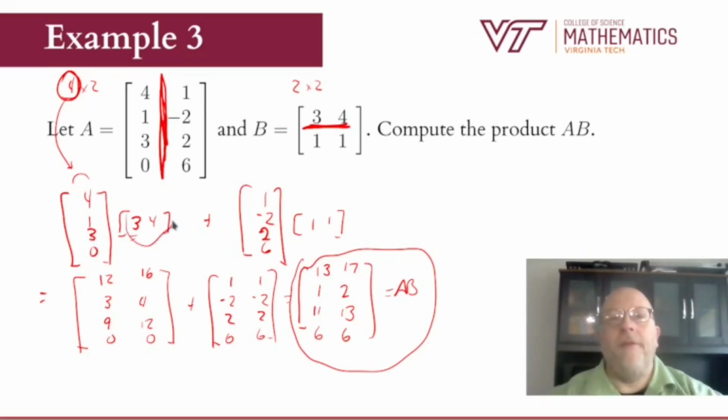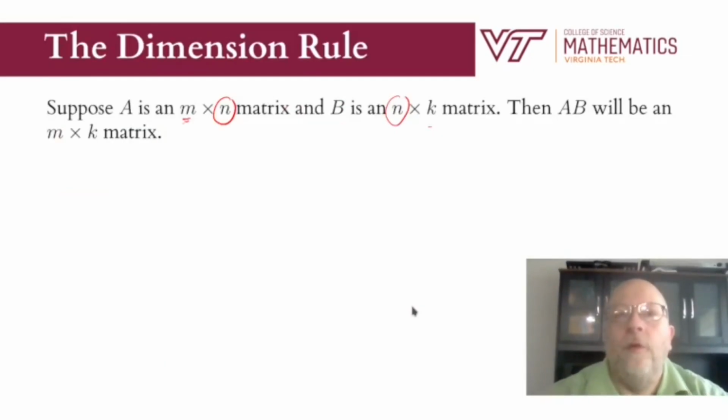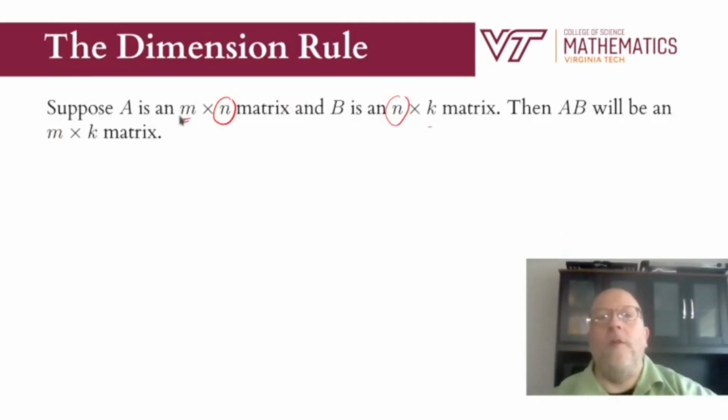But this piece here has 2 entries, not because of this 2, but because of this 2, the number of columns in this matrix. And so when we combine them, we end up getting something that's 4 rows by 2 columns, but it comes from this number and this number. And so the answer to a product problem will always be the outer dimensions. The M and the K will always tell us the dimensions of the answer.